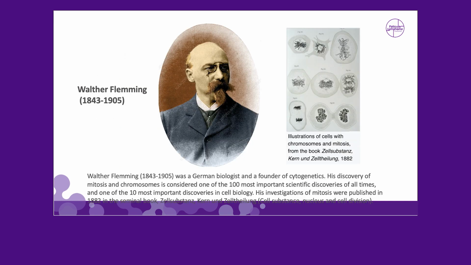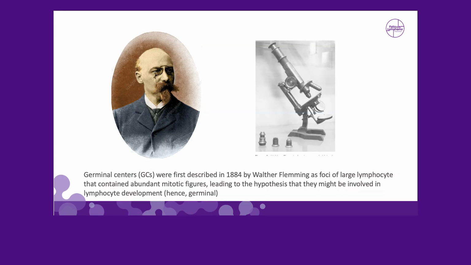This is a very famous scientist, Walther Flemming, the father of cytogenetics. He identified chromosome and chromatin. He described for the first time mitosis and many other things. Among the other things, he also was the first one to identify the germinal center.